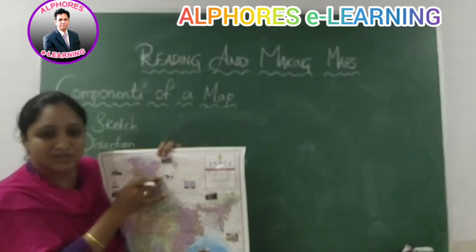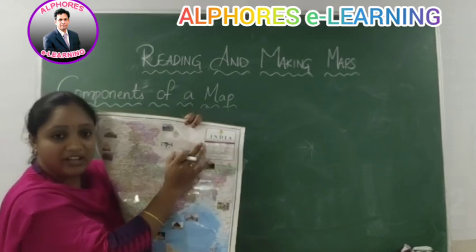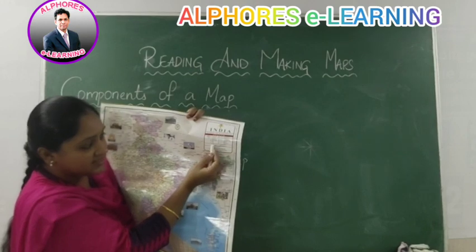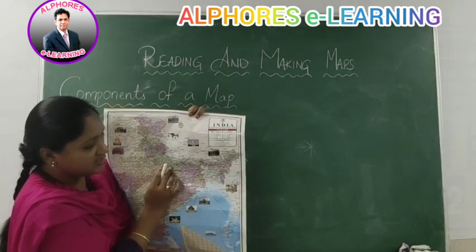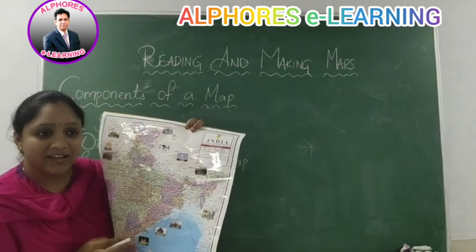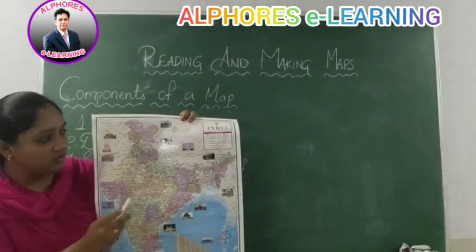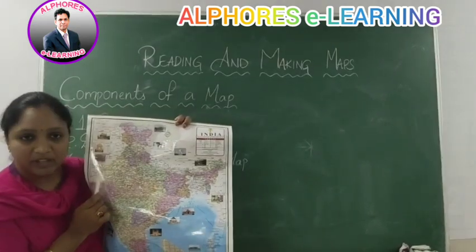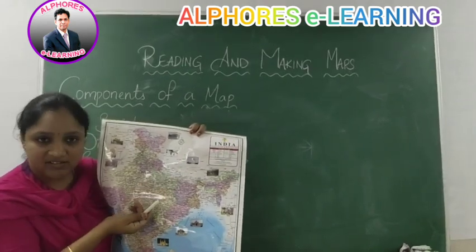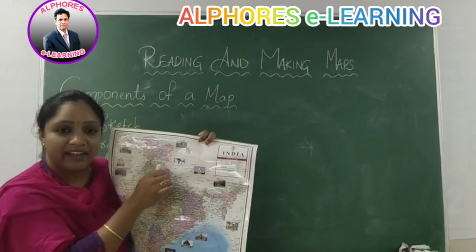There is a ratio given for each and every map, that is called a scale ratio. For example, the ratio given here for this map is 1 centimeter equals 69 kilometers, right? You can see that this is in between 2 centimeters, I think. So it depends upon the ratio, how they made this map.